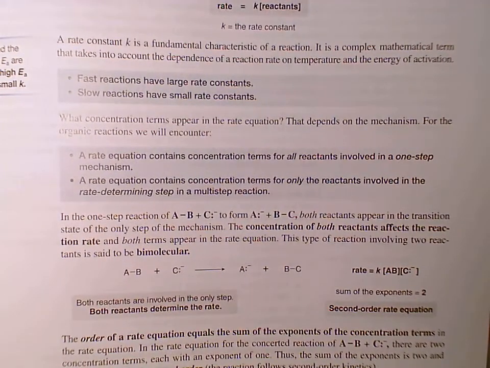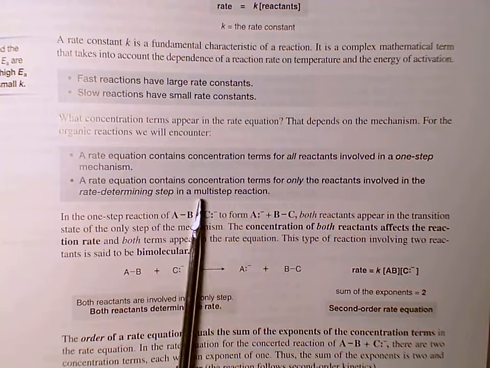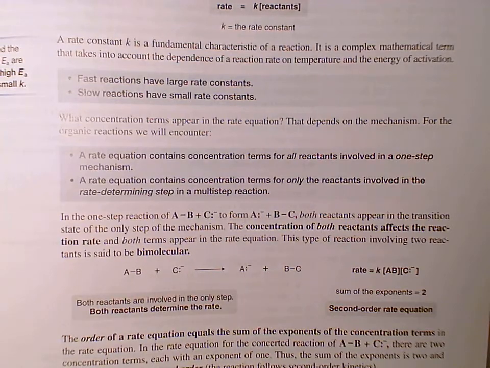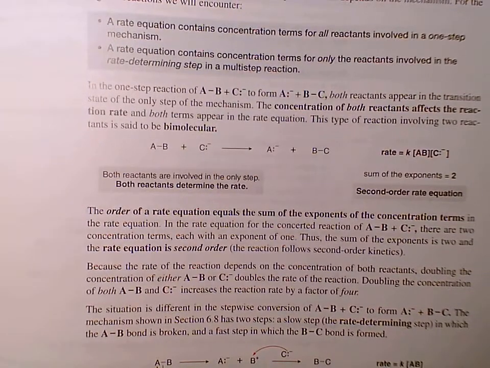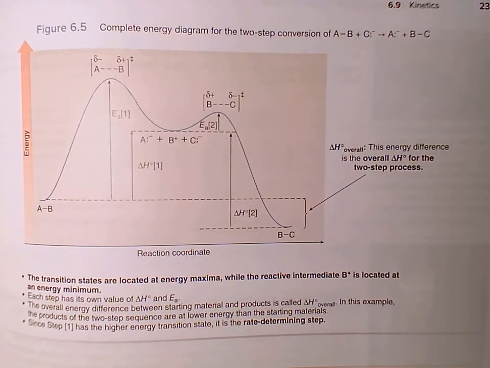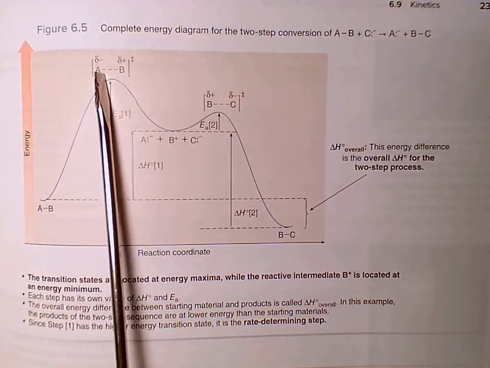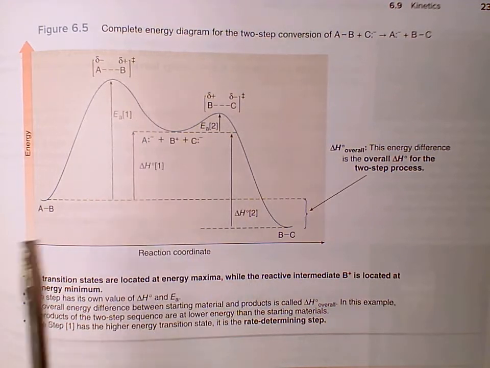And recall that the rate equation contains concentration terms for only the reactants involved in the rate determining step. When we are doing our mechanisms, recall that the overall rate law for a reaction is the same as the rate law for the slow step. So if we look at the reaction we were doing before, when we see that our first breaking of the AB bond has the highest activation energy, we know this is a much slower step than this.